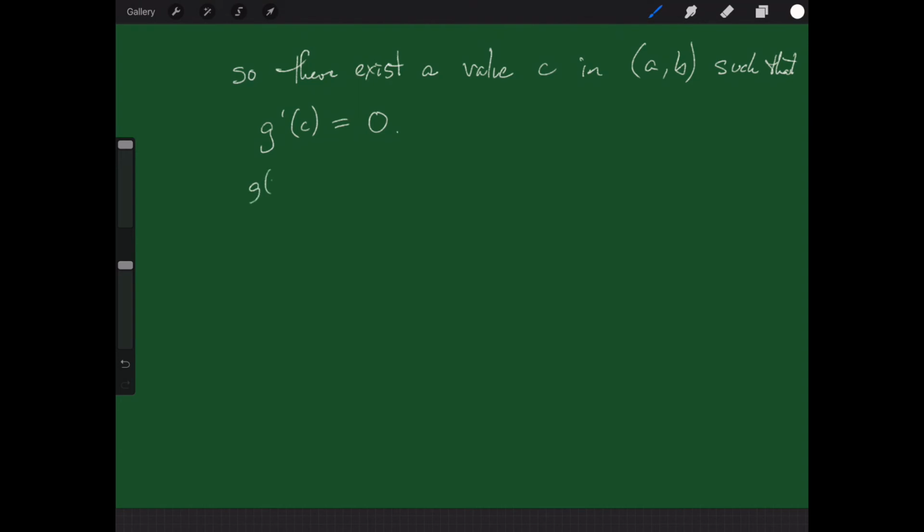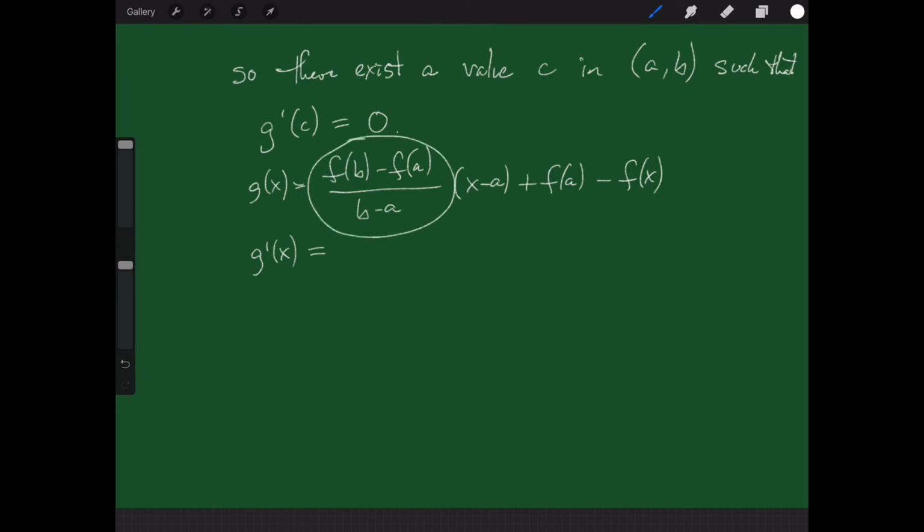Remember, g of x is f of b minus f of a over b minus a times x minus a, plus f of a minus f of x. So if I take the derivative of that, I get that g prime of x is equal to, well, this whole thing right here that I just circled is just a constant.